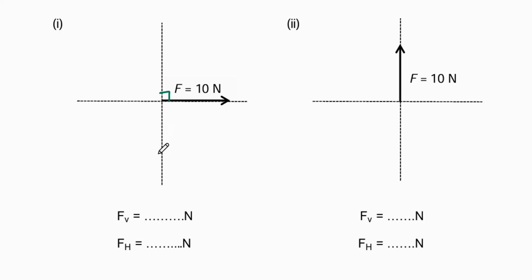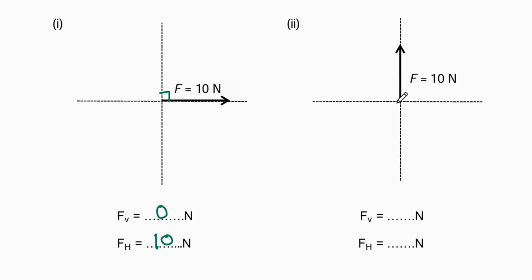And that means that the vertical component will be 0. So whenever a vector makes an angle of 90 degrees with a plane, the component in that particular plane will be 0. Then looking at the horizontal component, the force F is in the horizontal plane. So the horizontal component will be the force itself. So it's going to be 10 newtons.